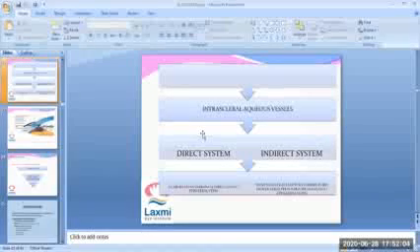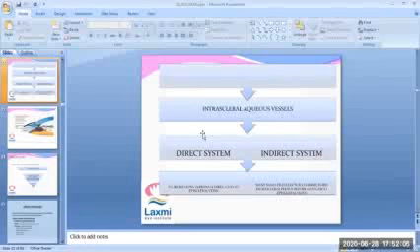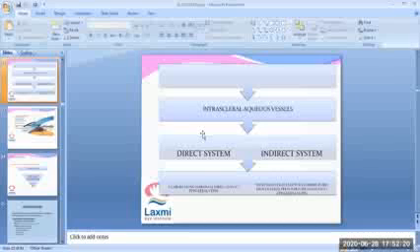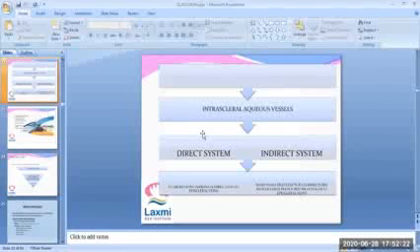The larger vessels, which are called the aqueous veins, run a short intrascleral course and terminate directly into the episcleral vein. This is called the direct system. And the many smaller collector channels form an intrascleral plexus before eventually going into the episcleral veins. It is called the indirect system.